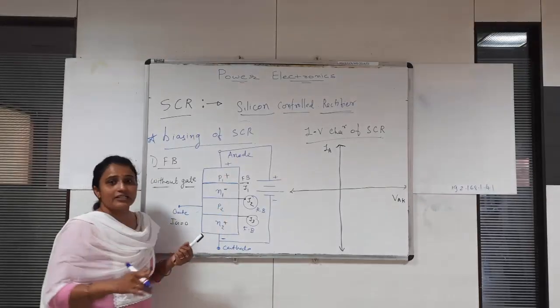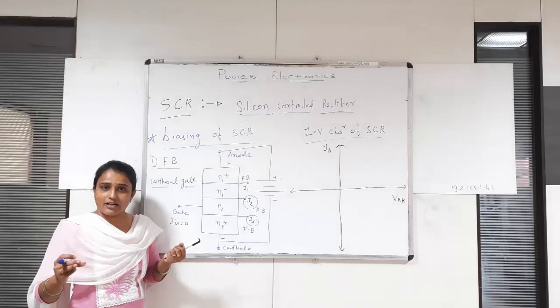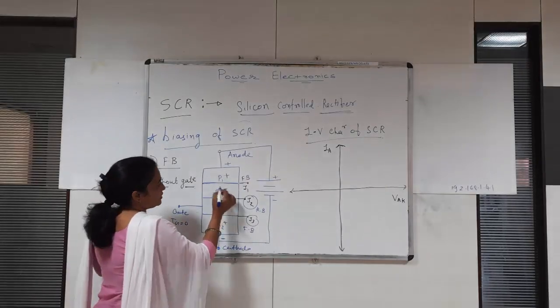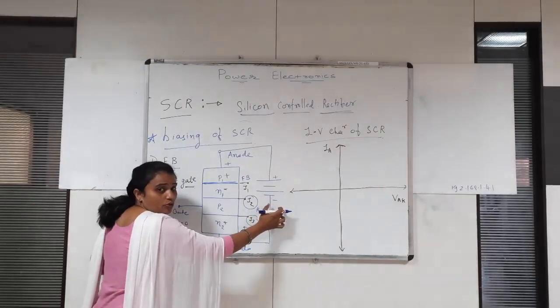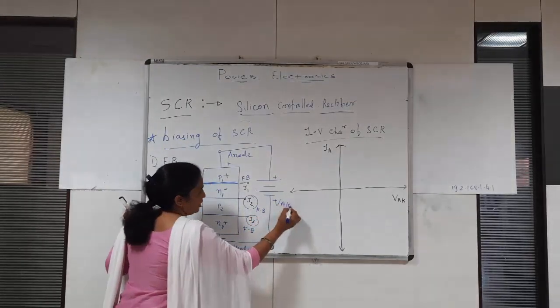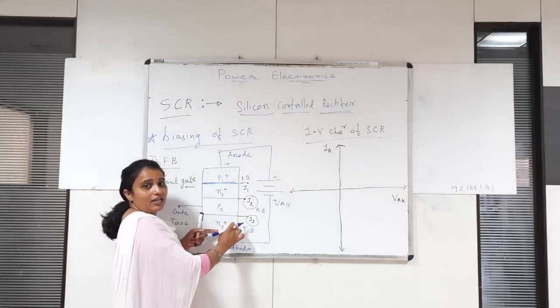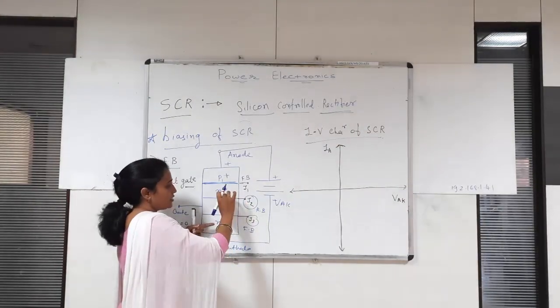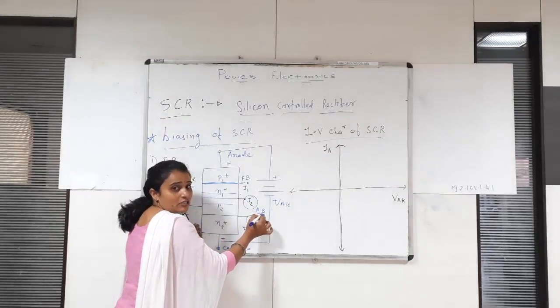But when it is connected in reverse biasing, the depletion region becomes larger and larger. So in this structure, as we increase the anode to cathode voltage, junctions J1 and J3 become very small, but junction J2 becomes very large because it is working in reverse bias.